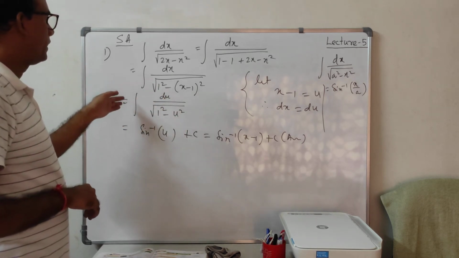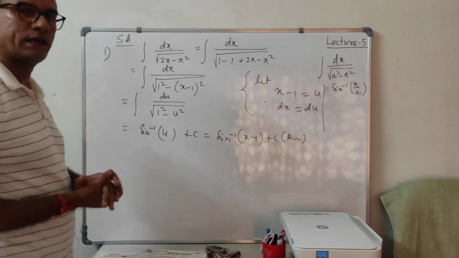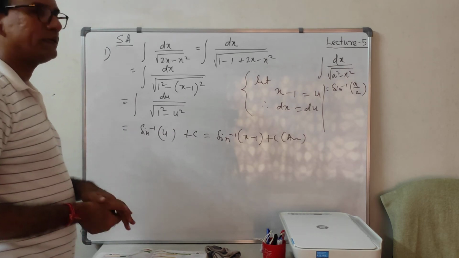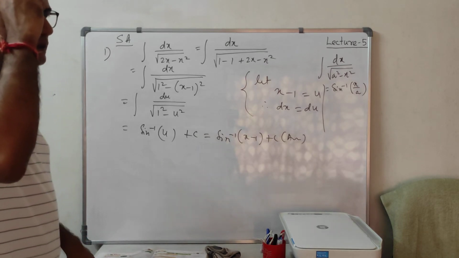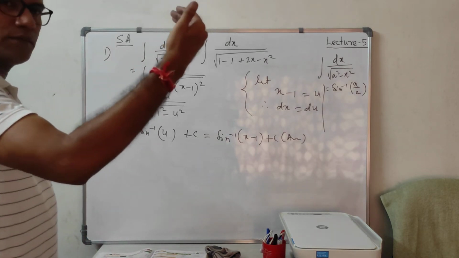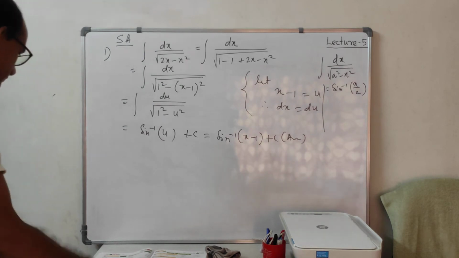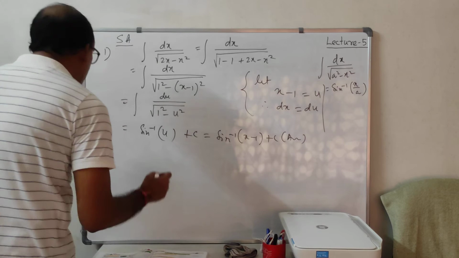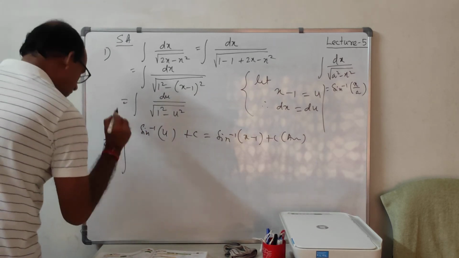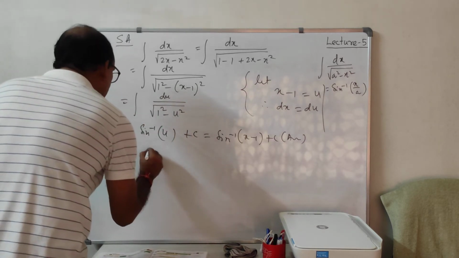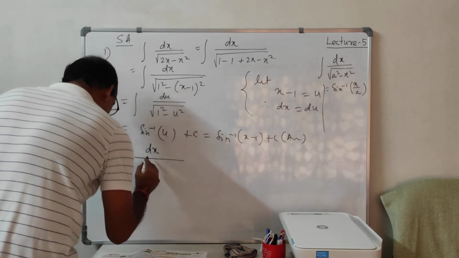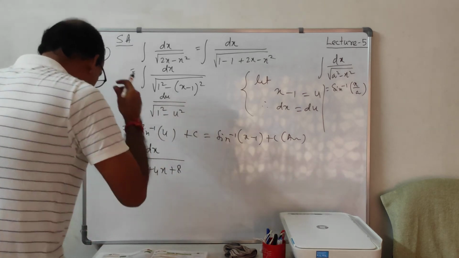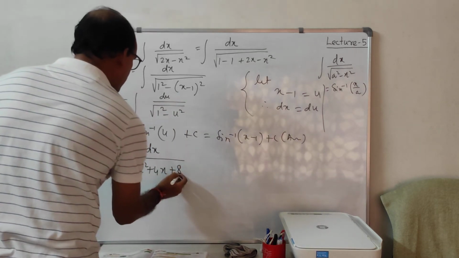So far, the problems I discussed, all the time I used the standard integrals I mentioned under serial number 1, 2, 3, 4, 5. So let's see some other problems. Number 2, integration dx by x square plus 4x plus 8. How to tackle this integral?